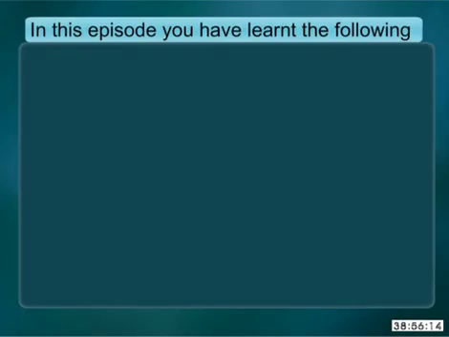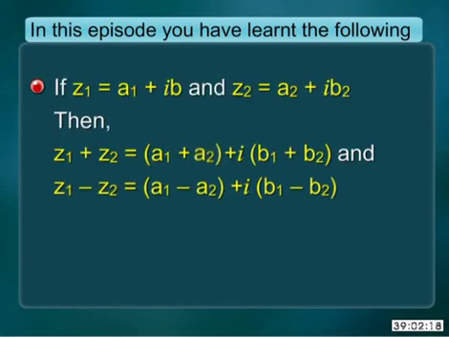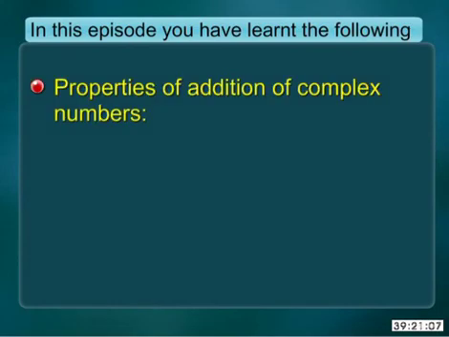In this episode, you have learnt about the following: sum or difference of two or more complex numbers is equal to sum or difference of their corresponding real parts plus iota into sum or difference of their corresponding imaginary parts. Properties of addition of complex numbers.